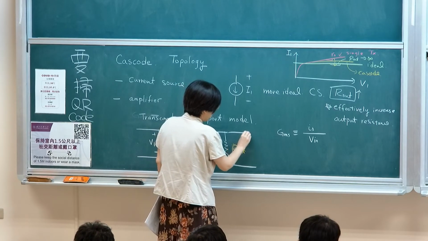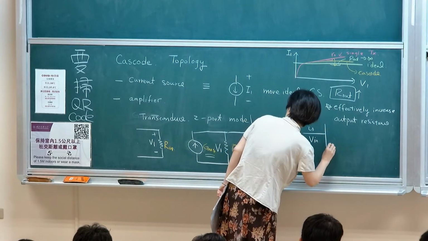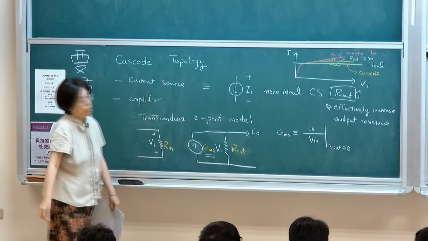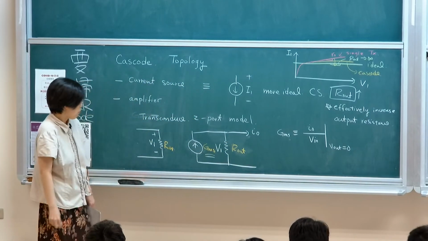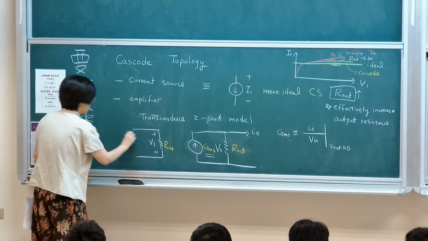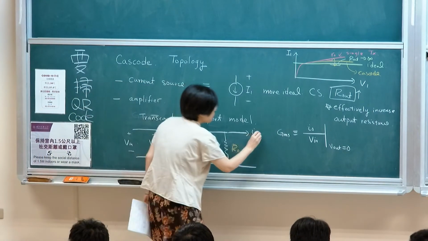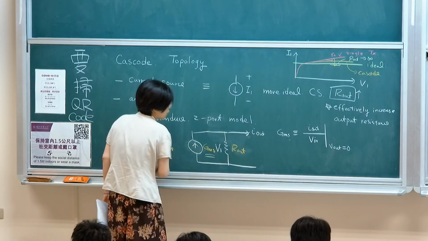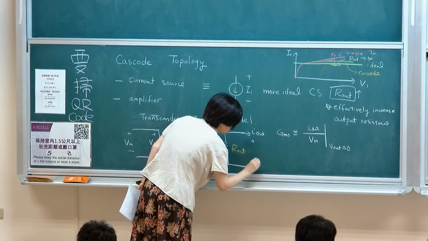Let's say this is my output current when the output is shorted. S stands for short: IO when it's shorted. When this is shorted, you see the whole overall current. Let me just be specific: the voltage across this terminal is VL.